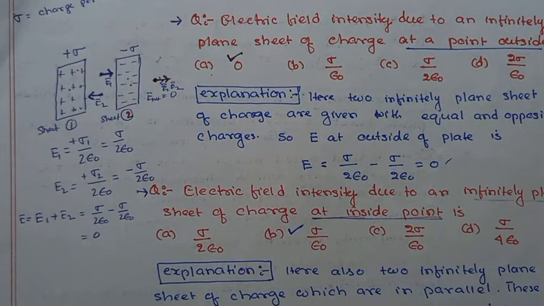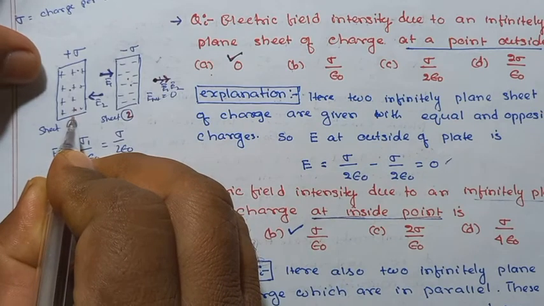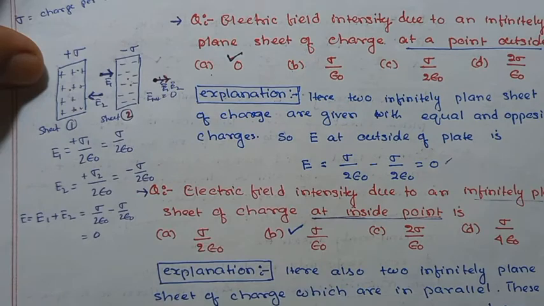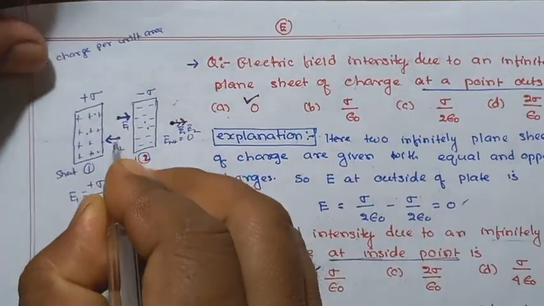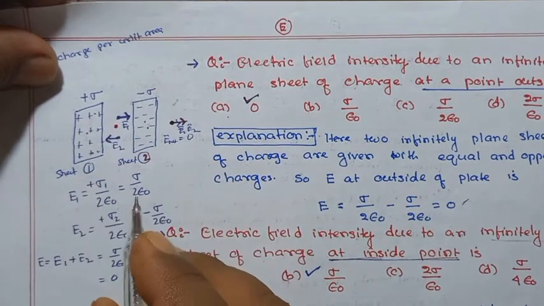Say first one is positive charge and second one is also positive charge. So surface charge density for first sheet is sigma 1. Surface charge density for second sheet is sigma 2. Therefore, now for inside point, say this is the inside point. This is the inside point.